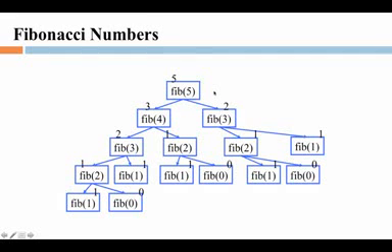So therefore, observe that the evaluation of the Fibonacci number recursively is same as evaluating a tree-like structure where the leaf nodes have some values, and these values are propagated upwards towards the root of this tree.